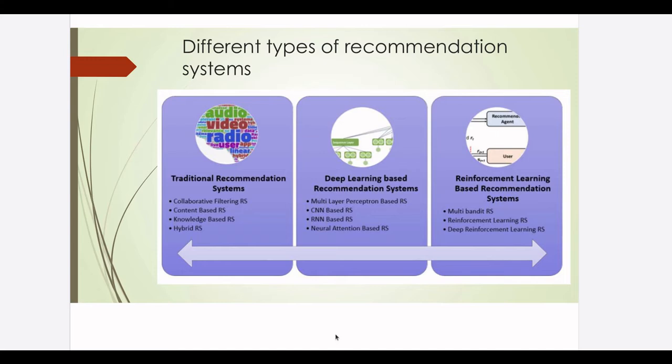Some of the major ones involve multi-layer perceptron based, CNN based, RNN based, neural attention based, and even now one of the major approaches is using transformers for recommendation systems. As you know, deep learning algorithms are able to capture many of these non-linear relationships, and they are very good at capturing lower level extractions of data. So these are used in powering recommendation systems.